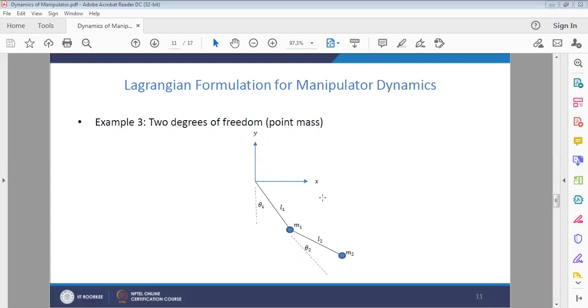After learning the derivation of such a problem, if any numerical values are given, you simply substitute those numerical values in the equations we derived in this particular problem. So let us go to the actual solution of this problem.